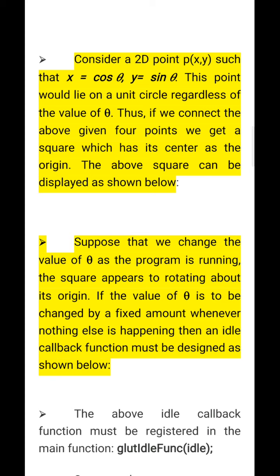What the spin cube function does is, every time it updates the angle theta: theta equal to theta plus 1.0. Once it crosses 360, we reset its value and start again from 1. Please go through the spin cube module as well as the main function.